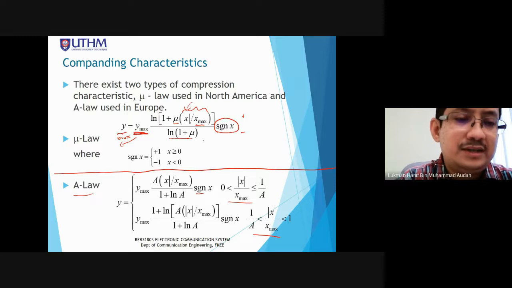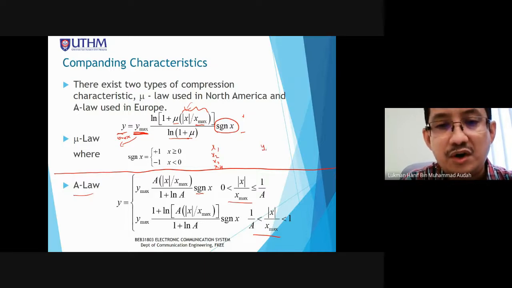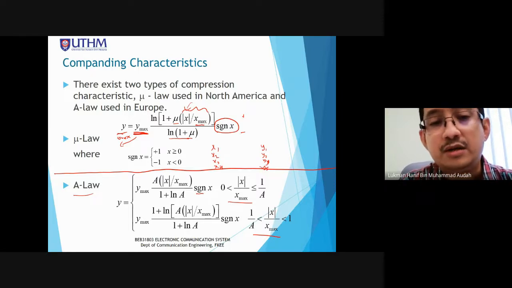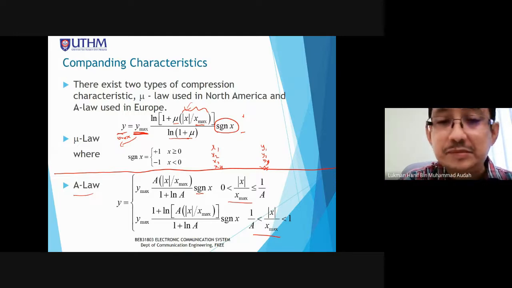Sebelum ini pernah ditanya berkenaan dengan mu law, yang mana pelajar diberikan value of X, X1, X2, X3, X4 dan seterusnya. Dan pelajar diminta untuk mencari nilai Y1, Y2, Y3, Y4 dan seterusnya. Okay, dan kemudian pelajar diminta untuk melukis graf pada outputnya.